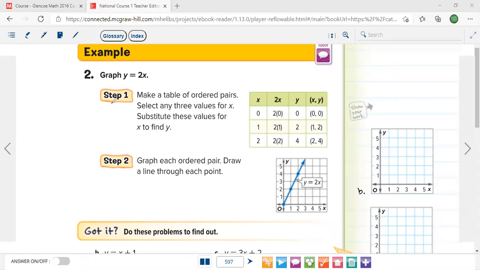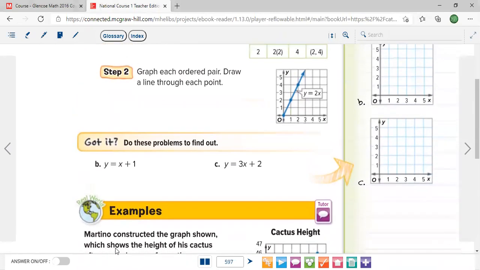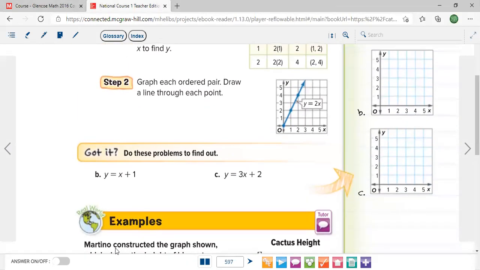Let's solve problem B. Here we will solve the problem, and here we will put the graph. y equals x plus 1. So I'm going to make a table for x and y, but I will make it a simpler table than the table they did.